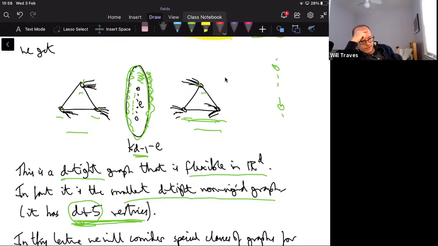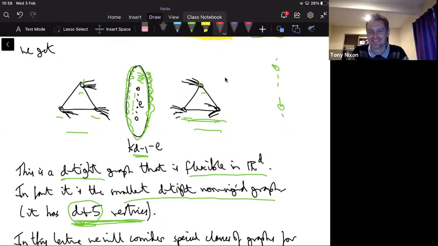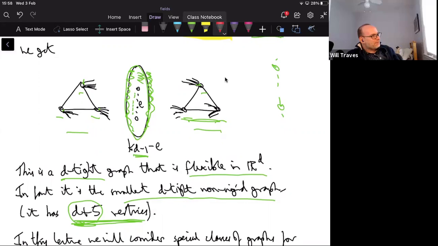I guess the reason my question isn't even well defined is you could add minimally rigid in as your requirement, and then you're done. But somehow I'm thinking of the kind of forbidden minors approach to characterizing certain things in matroid theory.